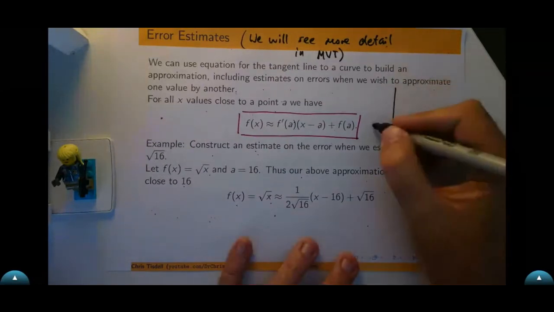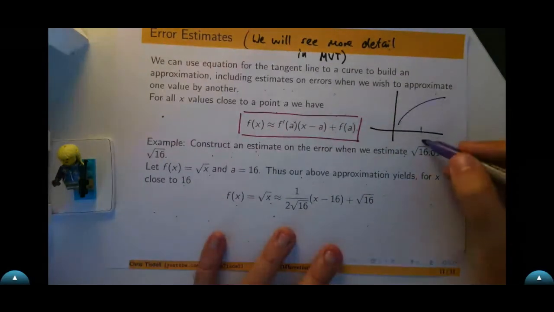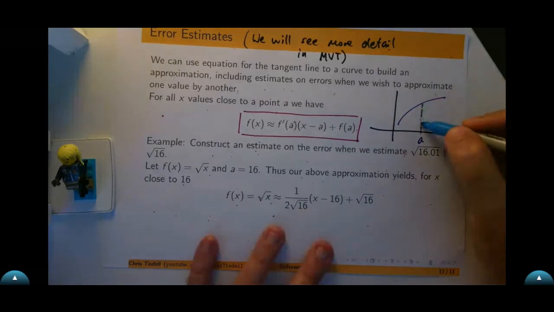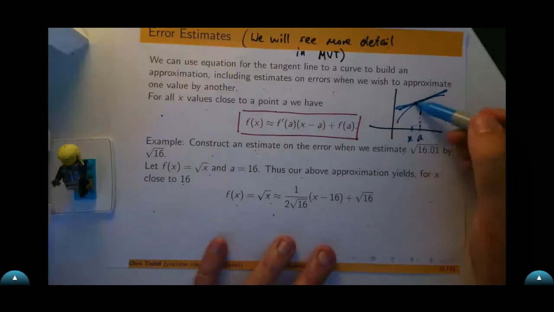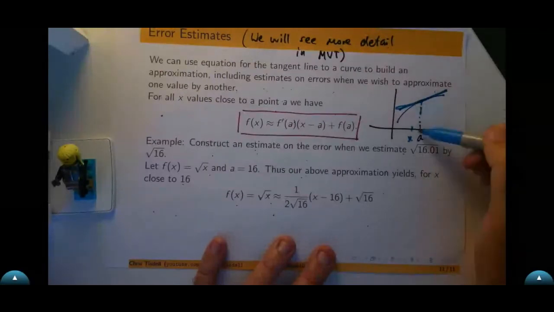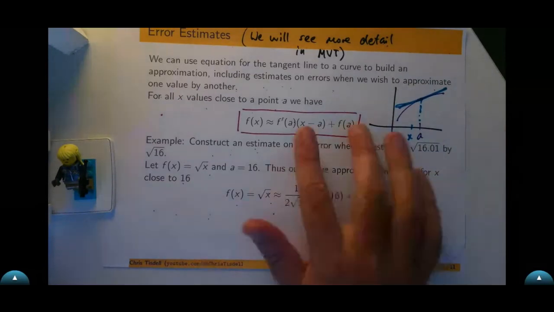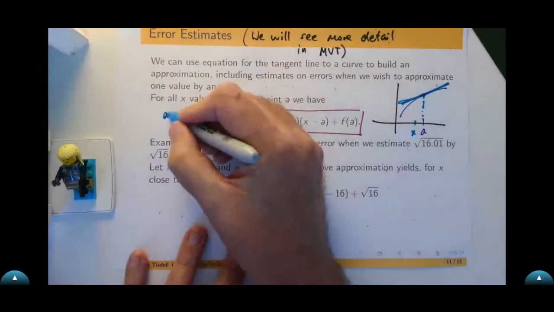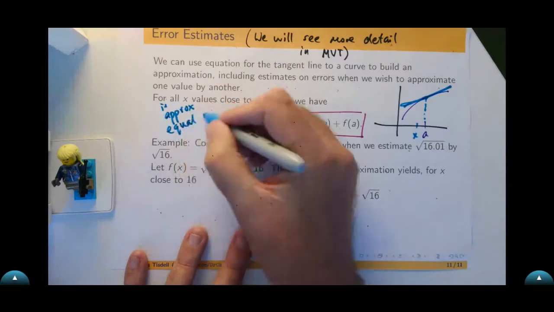So if I've got, say, a graph like this, and this is some point A, what this tells me is that if I draw a tangent line to that graph, and I'm, say, over here, the difference between the value of the tangent line and the value of the graph isn't going to be great. Okay, so using, and this funny squiggly equal sign means approximately equal to.